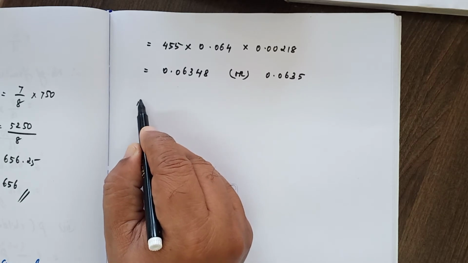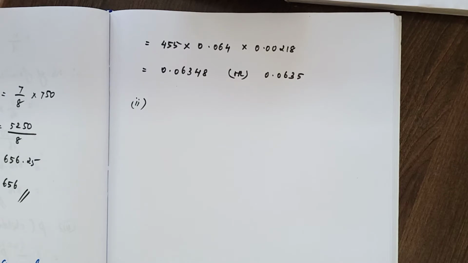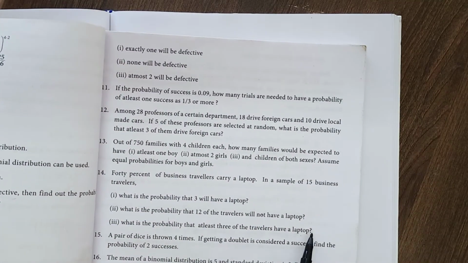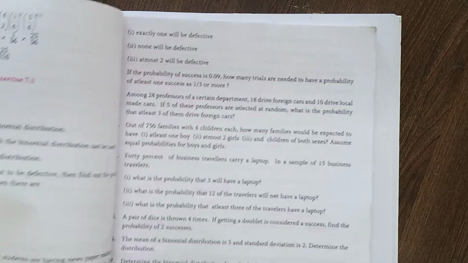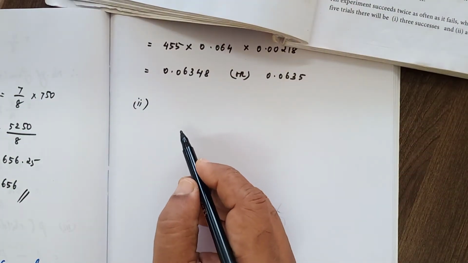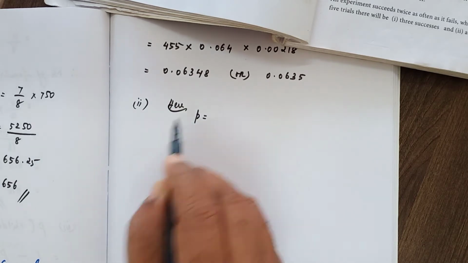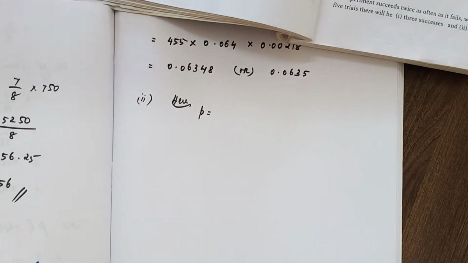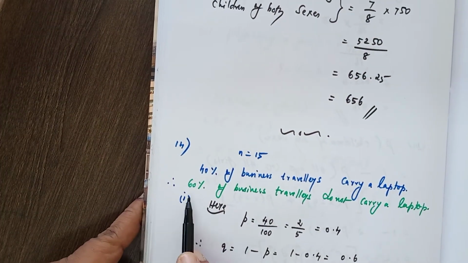Now subdivision number 2, what is the probability that 12 of the travelers will not have a laptop? Will not, look at that. Will not have a laptop. Now that should be considered as success. So P is equal to the percentage of the travelers who don't carry a laptop, 60%.